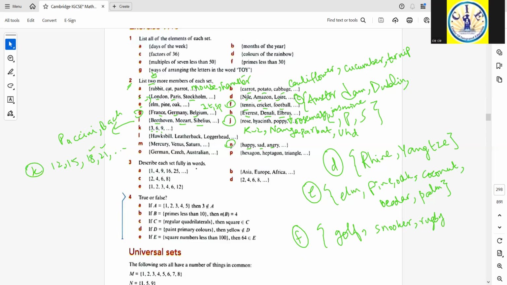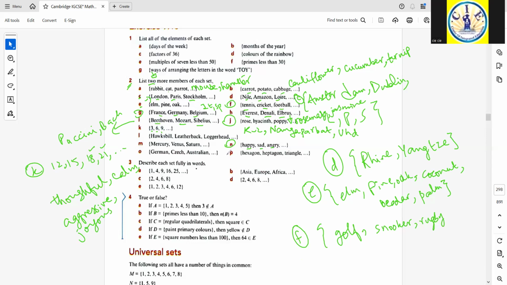We can have being thoughtful. That is also a mood swing, or calm, or aggressive, or joyous. So these may also be included.